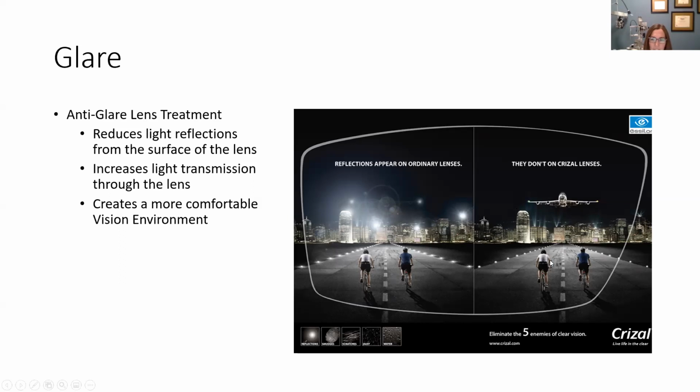So you're just not getting as much light scatter, and that helps reduce your eye strain. It also lets the light, instead of bouncing off the surface of the lens, move in towards your eye. So more light towards your eye means better sight, and that's important as well. That's a clear treatment on the lens, and it's going to block all light equally. It's not targeted at a specific wavelength.